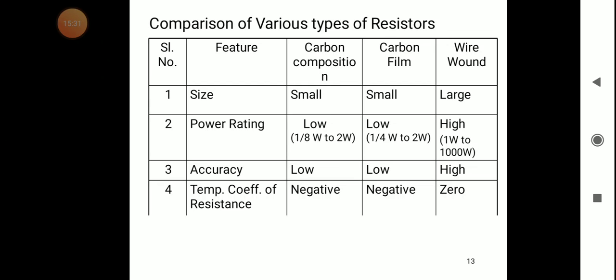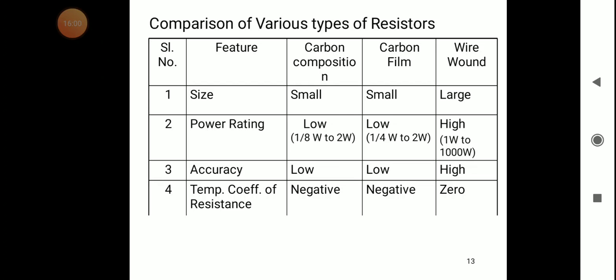First is the size. The size of carbon composition is small, carbon film is also small, but wire-wound is very large. Power ratings of the carbon types are low, while wire-wound has a high power rating, from 1 watt to 1000 watts.